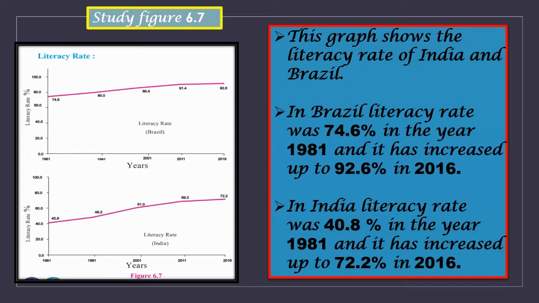While when we look at the graph of India, we see that in the year 1981, the literacy rate was 40.8. It went on increasing, and in the year 2016, the literacy rate of India was 72.2%. That means in India also the literacy rate is increasing, but compared to Brazil, the literacy rate is low.